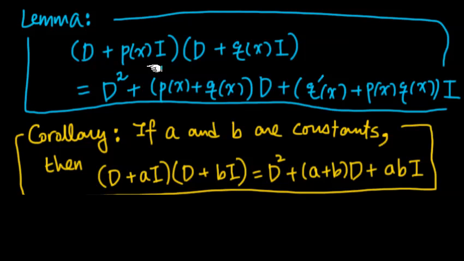However, if these px and qx are constant functions, instead of functions multiplied in front of I, where a function is multiplied in front of I here in the second factor. If these were numbers, a and b, then you can see if you unfold this one, you have this b prime. B is a constant, so the derivative becomes 0. This is a 0.